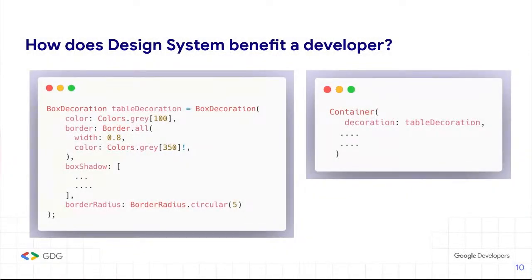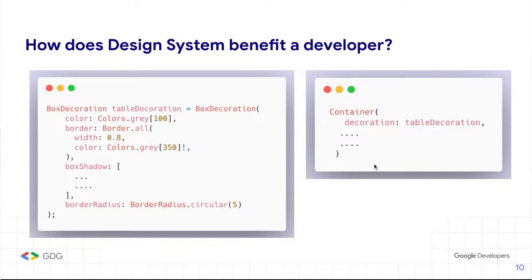Now, one more benefit of how the design system can benefit a developer is, I'm having a box decoration constant here, which is table decoration, and this uses some of the values, which is gray color, and it has a border and also some box shadow with a border radius of 5, and I'm going to call it table decoration.